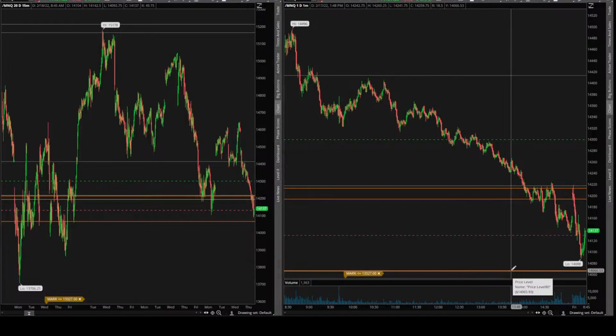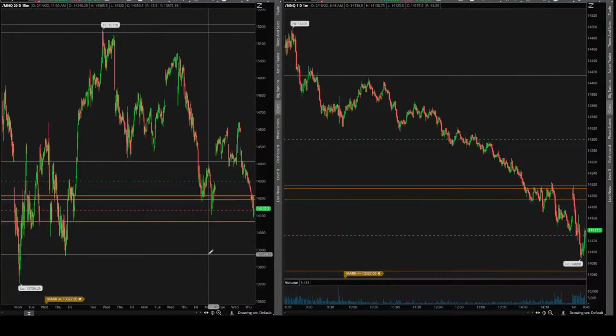We may not hit it. NASDAQ did take out its Monday lows, but going back to late January where I've got this line, there's a good amount of support here from about 4 days in late January. So I've got to be mindful of that. Got to be mindful that we could push back up into here somewhere.